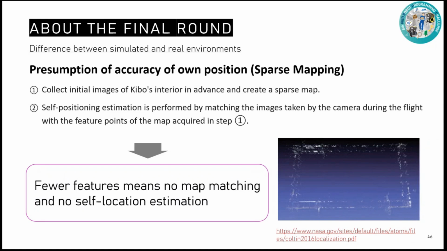As a result, issues such as decreased accuracy or self-localization loss can occur during the final round. So you have to take care and be aware of that. The program that you used during the preliminary rounds may not be effective for the final round. So really be careful about the accuracy of the program on the ISS.